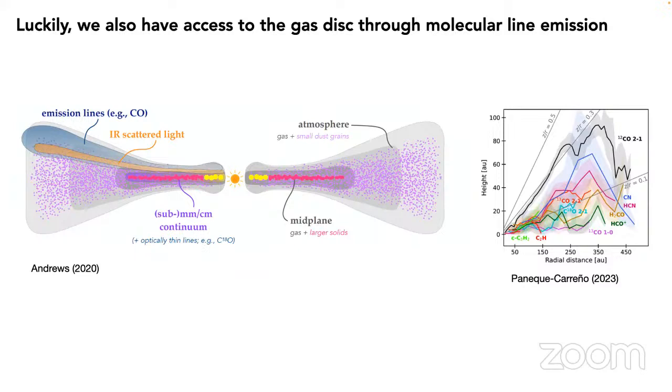Then as you go to less abundant tracers like 13CO or C18O, you will start probing layers that are closer to the disk midplane. This allows you to do a kind of three-dimensional scan, or tomography, of the protoplanetary disk.